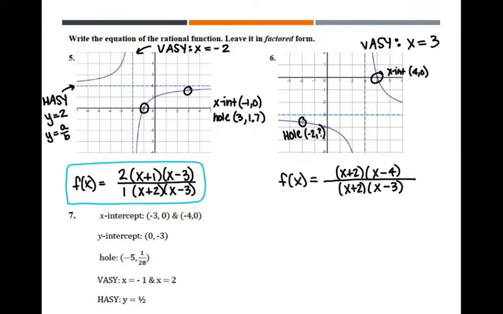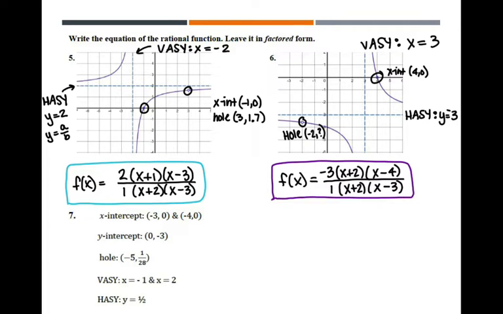And last but not least, I have this horizontal asymptote at y equals -3. So same deal as number 5. Since my horizontal asymptote was -3, that means my leading coefficients are -3 over 1. And once again, the 1 on the bottom, totally optional. And there is your equation.